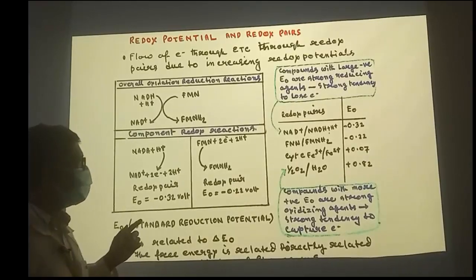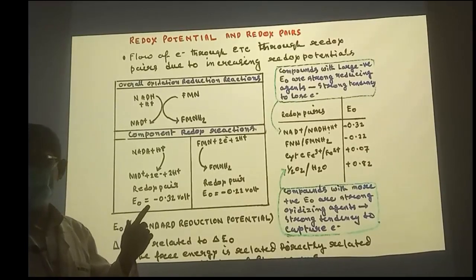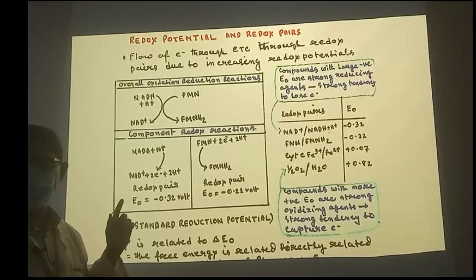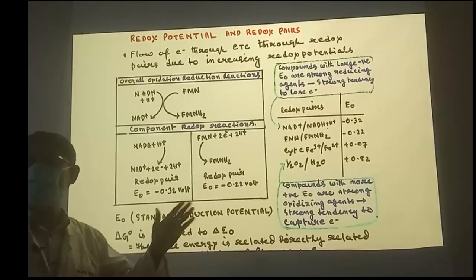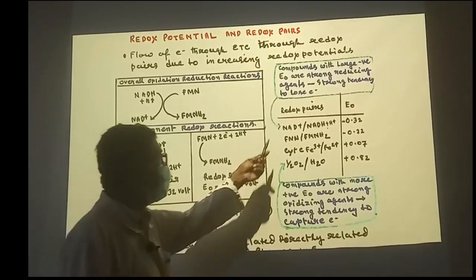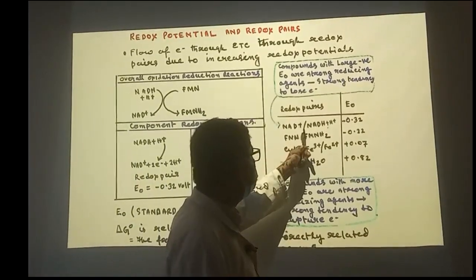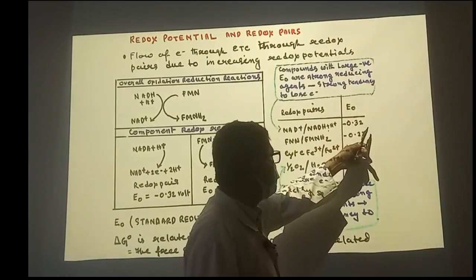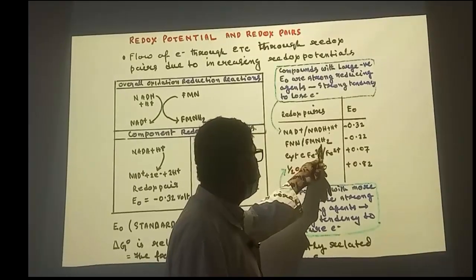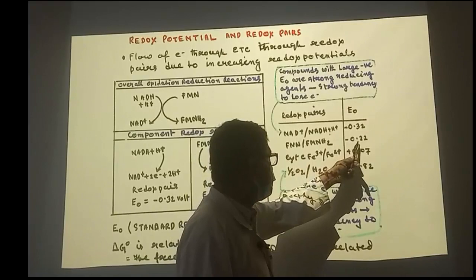So the movement of electron from one end to another is because these redox pairs play a very important role, and they are arranged in increasing redox potential. Now here you can have some examples. NAD plus and NADH, minus 0.32, as I already told you. FMN and FMNH2 have minus 0.22.